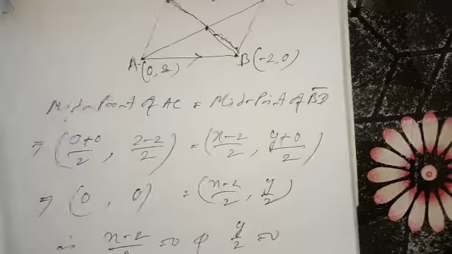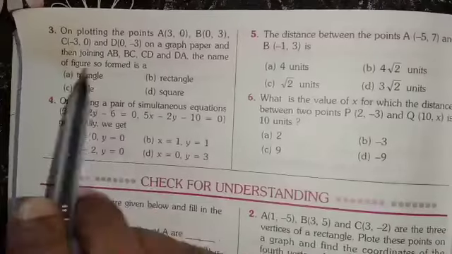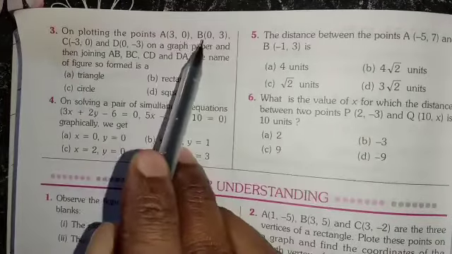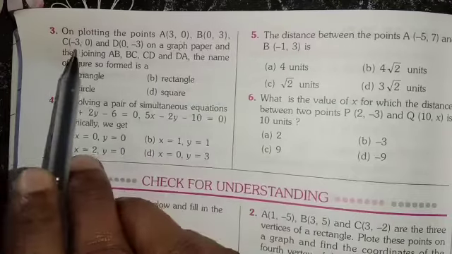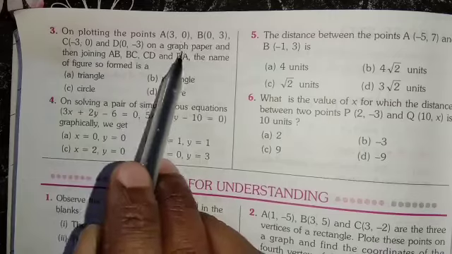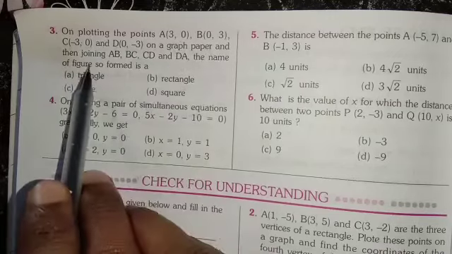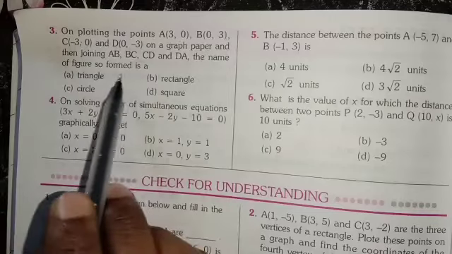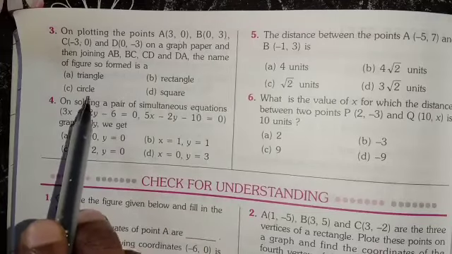Just take the answer. Question number 3. On plotting the points A, that is (3, 0), B (0, 3), C (minus 3, 0) and D (0, minus 3) on a graph paper and then joining AB, BC, CD, DA, the name of the figure so formed is a part. You have to find out.